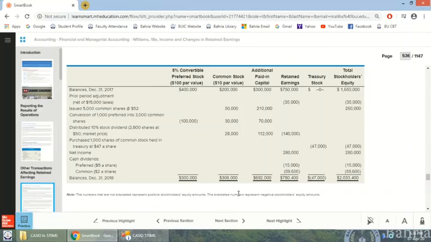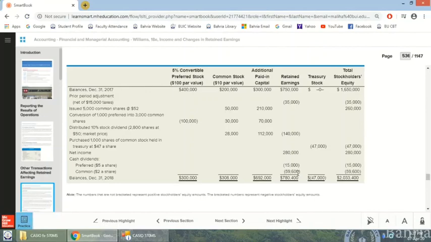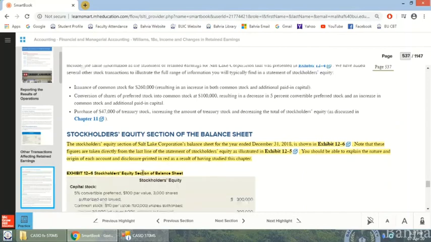So from 30,800, you subtract the 1,000 shares that were repurchased, and you get 29,800. Now 29,800 into 2 gives you 59,600. This 59,600 appears here, and both have been subtracted from retained earnings, and as such they appear in the total stockholders' equity column. Then you can simply sum them up, and that would practically sum up your chapter.